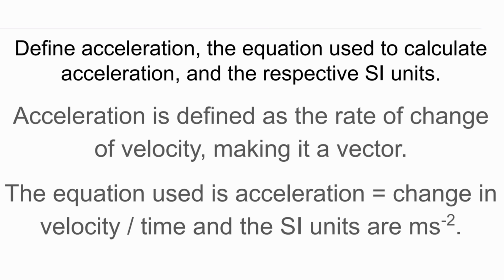The equation used is acceleration is equal to change in velocity over time. The SI unit is meter per second squared, where the square on the second means that for velocity you have the SI unit of meter per second and for time you have second. When this second of time goes upward, s^-1 will become m s^-2.